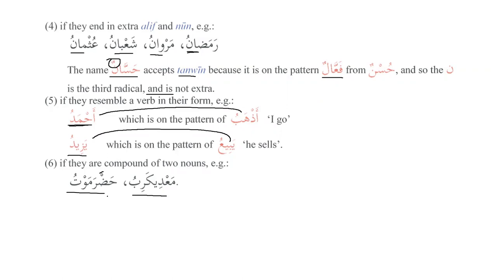So hadara mautu means, or were you witnesses when death approached Yaqub alayhi salam? When it is with fatha, then that means when death approaches someone. So we know that hadara is a verb, and mautu is the doer of the action, the fa'il. So hadara maut means when death comes to someone.